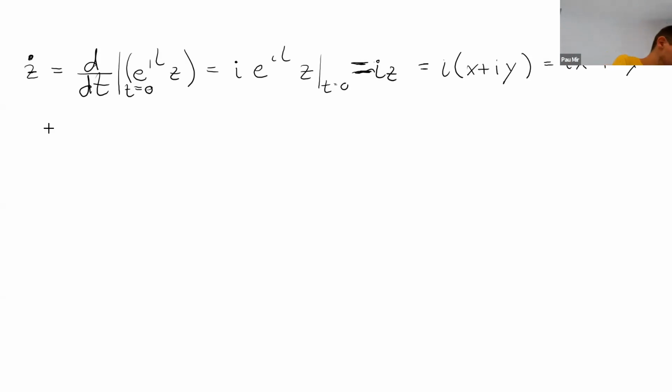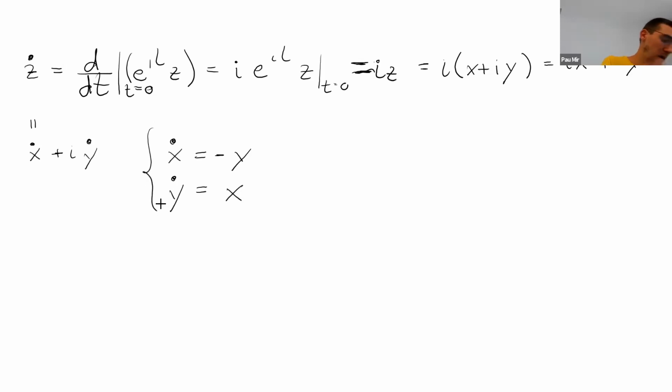And we want this to be the derivative with respect to time of z, but z dot is basically x dot plus i y dot. So we have that x dot equals the real part, and the imaginary part gives us the other equation.